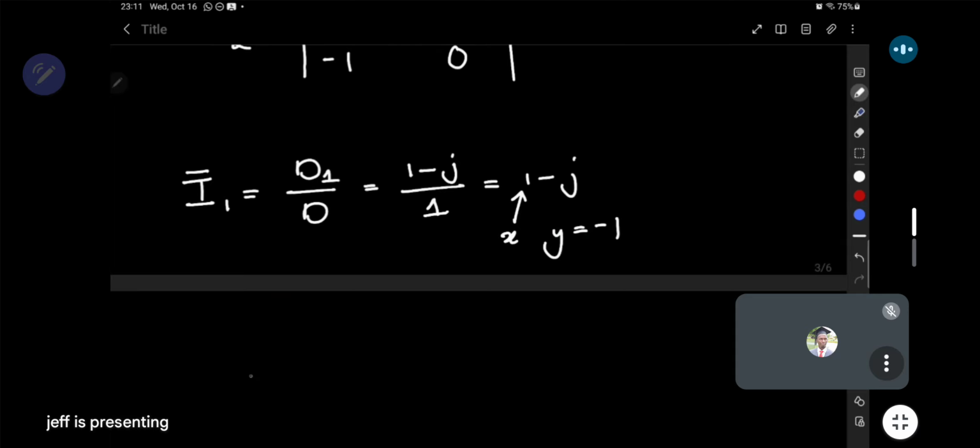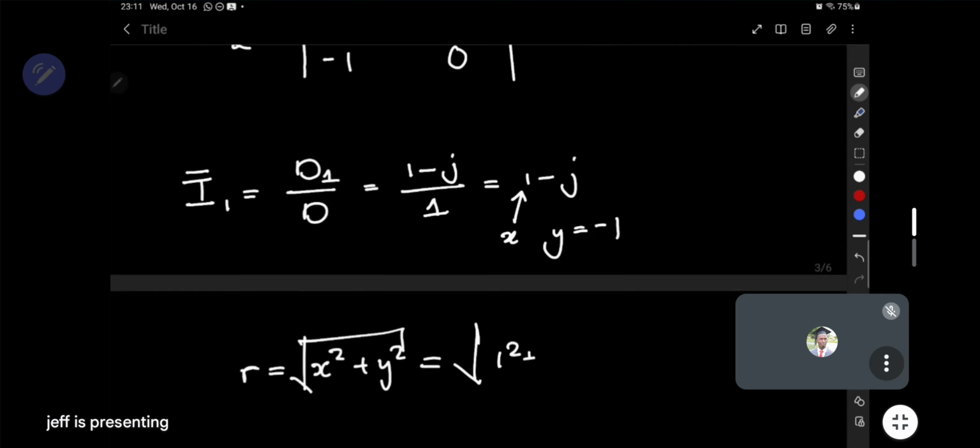For the magnitude, R is equal to the square root of x squared plus y squared. So this will be x is 1 plus -1 squared. Basically, this is just root 2.